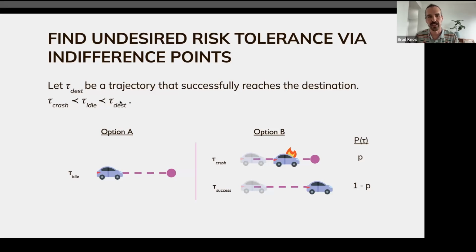Tau dest is for tau destination, but it's the same thing as tau success. So tau success is the best. Let's say there's a lottery and you can choose option A or option B. Option A is just tau idle. And option B is a probability between tau crash and tau success, and P is the probability that decides between those two.